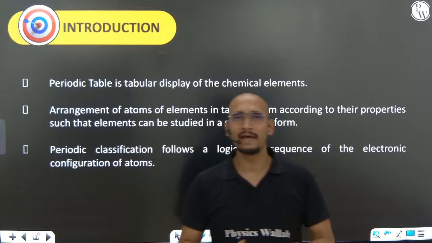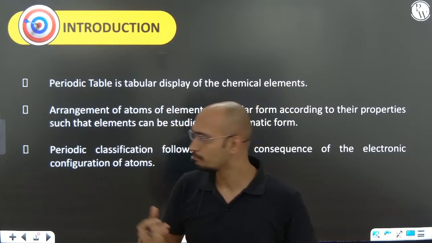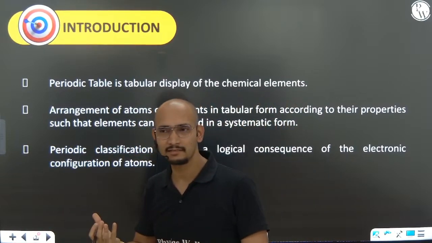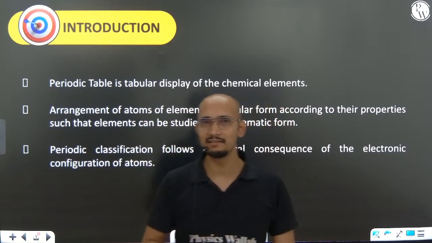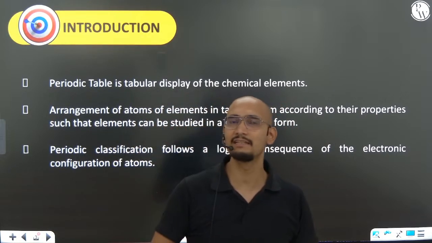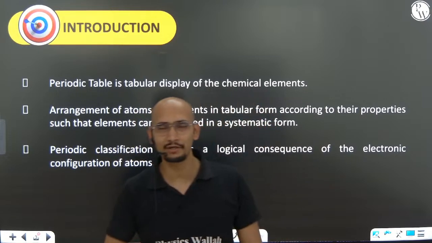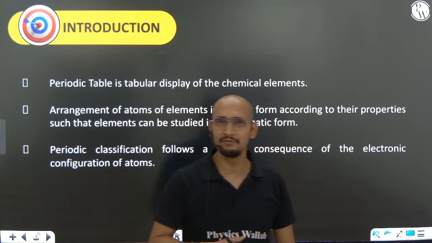There were many historical trials, and many scientists tried to classify them. Among the different models we have seen are Triad's rule, Newland's octave rule, the Lothar-Meyer curve, and Mendeleev's periodic table.